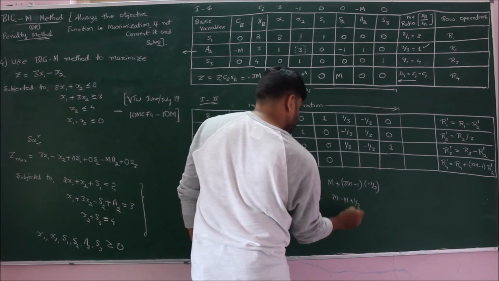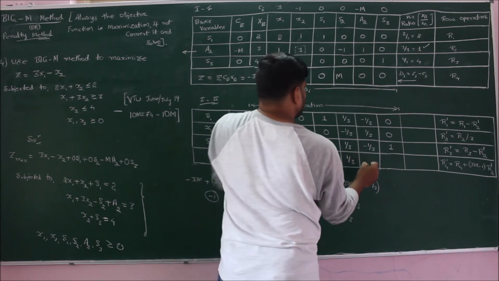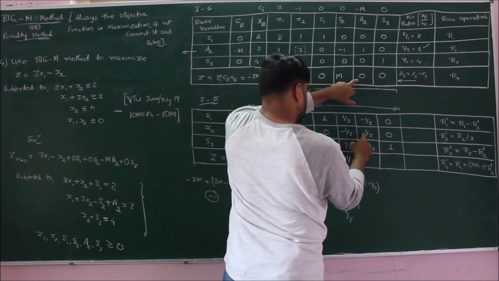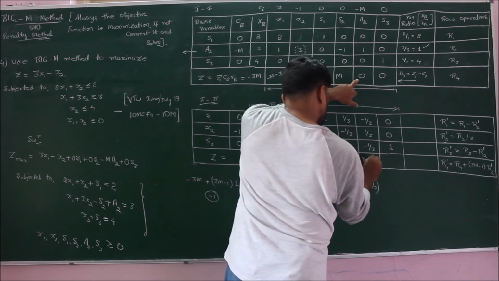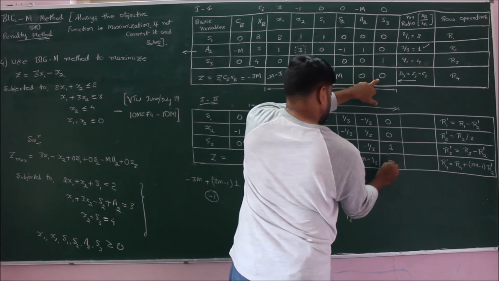So the answer is plus 1 by 3. Here we have 0, here we have 1 by 3. So therefore I will get m minus 1 by 3. Here we have 0, here also 0, it will become 0.